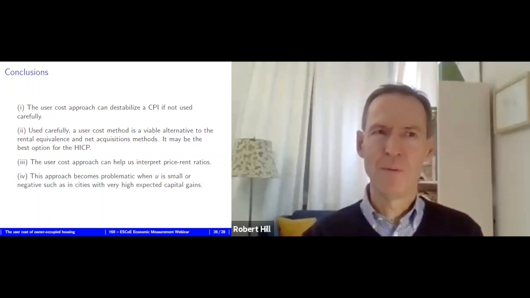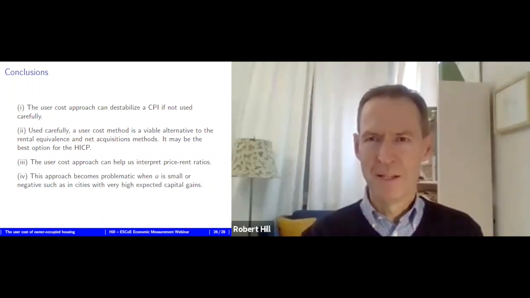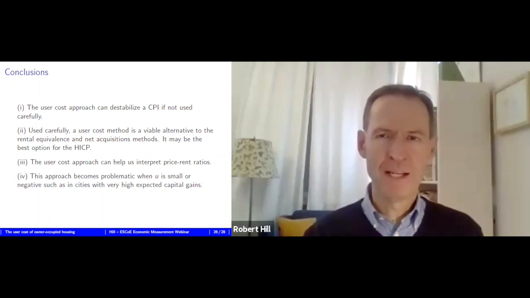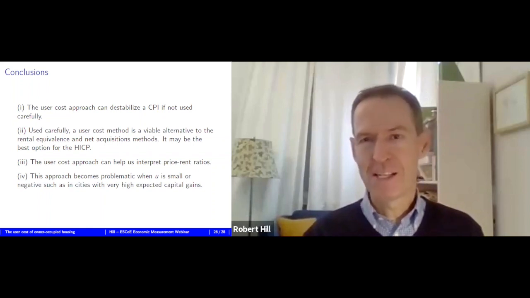And coming back to what Martin was saying as well, suppose we were talking about setting the capital gain equal to some kind of long run value. If you had a sustained boom, even that could be high enough in principle to make the user cost go to zero or negative, and that is a problem.